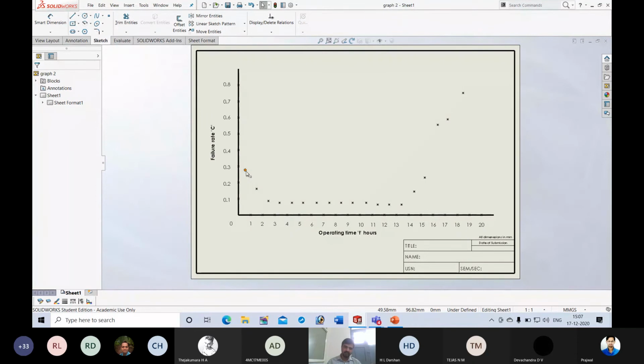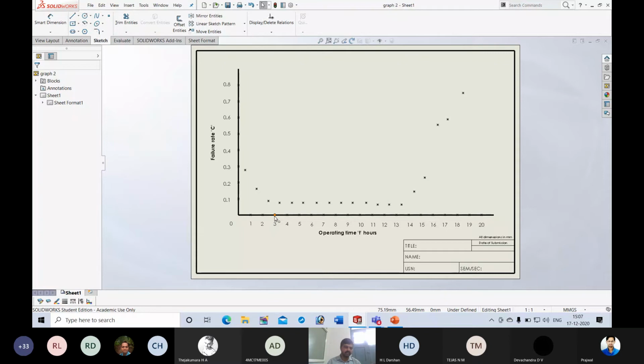You will get this point. Next, for the range 1 to 2, the value is 0.168. Consider the midpoint of 1 to 2 on the x-axis, and 0.168 on the y-axis. You will get this point.